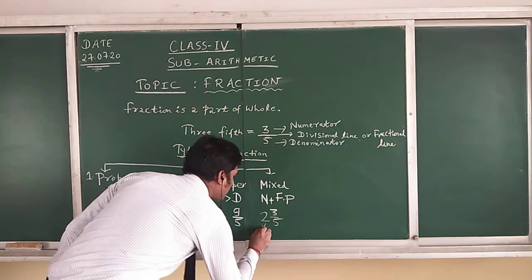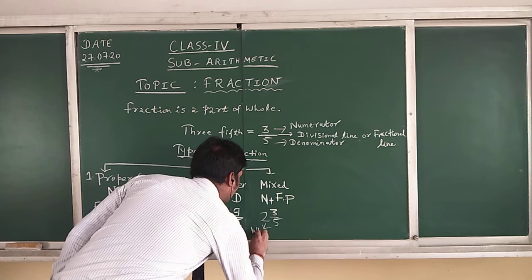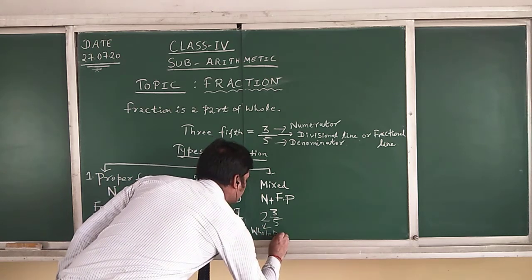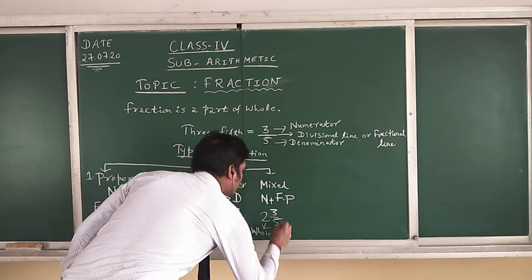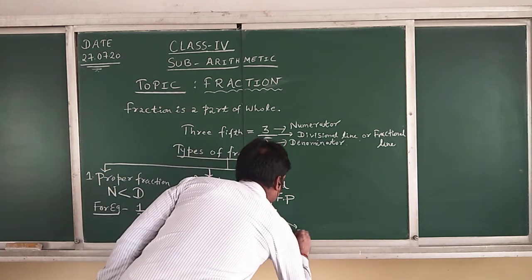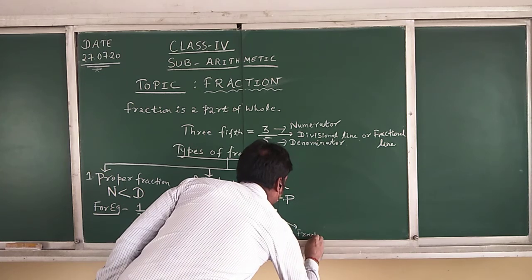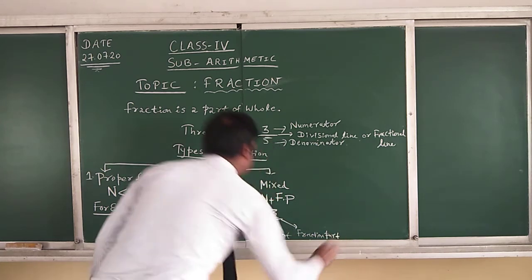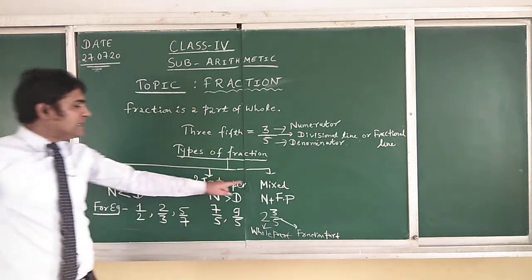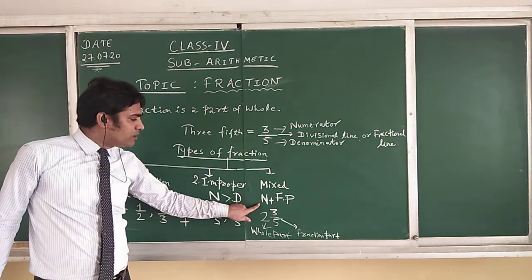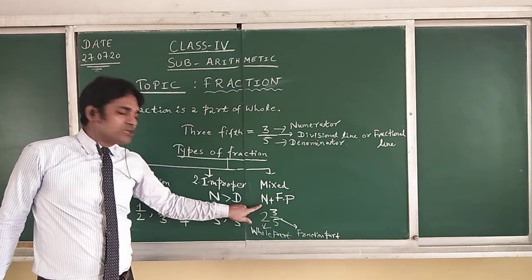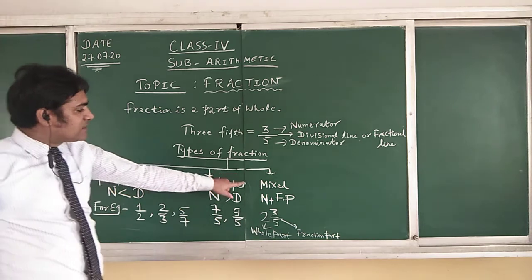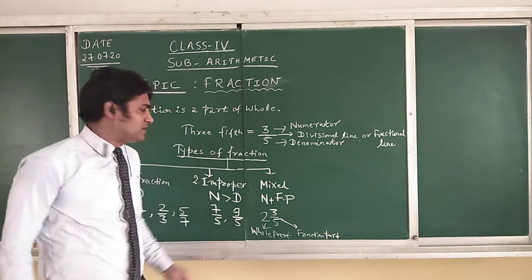Here 2 is the whole part, the natural number, and 3 upon 5 is the fractional part. So in a mixed fraction, one is the whole part, that is the natural number, and the other is the fractional part. So this is the third type of fraction.